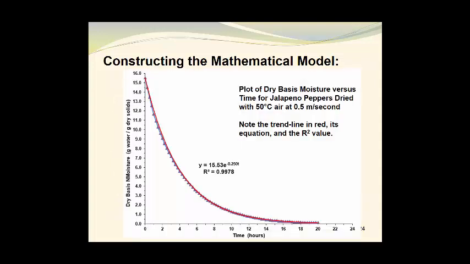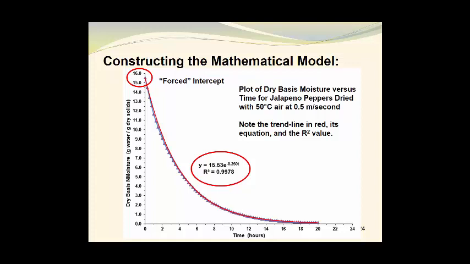So here we see the plot of the dry basis moisture versus time for the jalapeno peppers with the trend line shown in red and its equation and R squared value shown here as the text in the red circle. We should also look up here at the top left and see where the intercept has been forced.